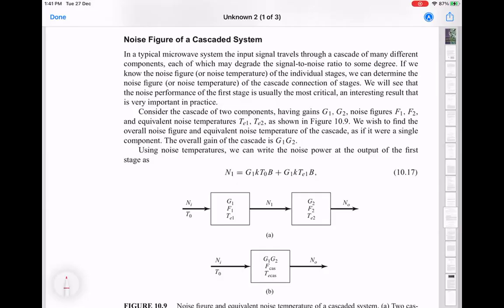But how do you think about the noise? So let me call the first one gain G1 and noise temperature Tn1. The second one has gain G2, noise temperature Tn2.